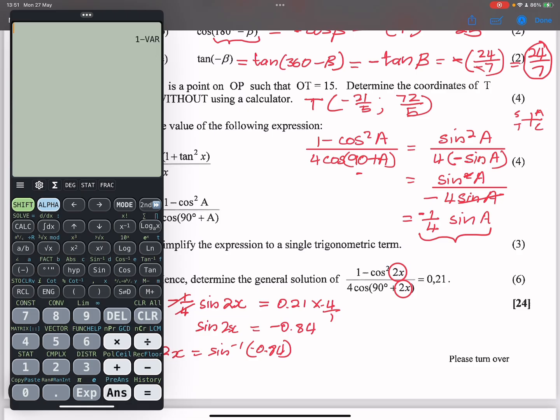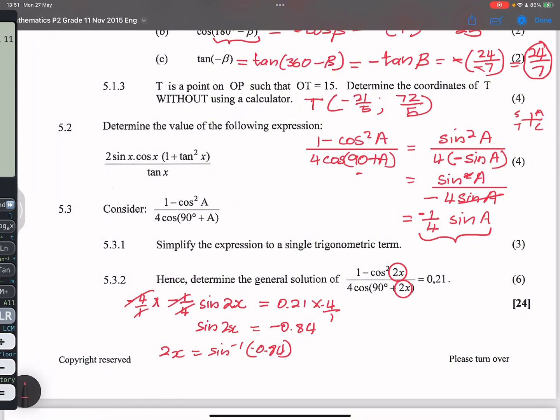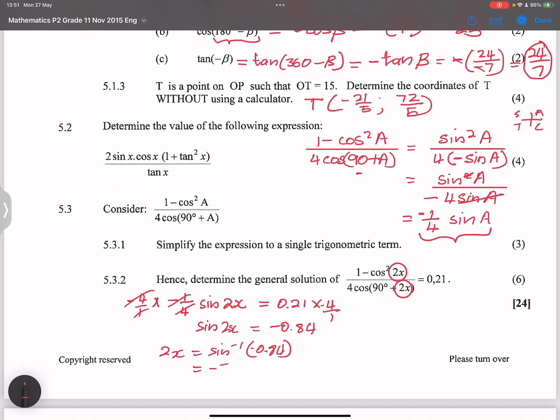So shift sine of negative 0.84. I get negative 57.14 plus K 360. So that's 2x, where K is an element of integers.